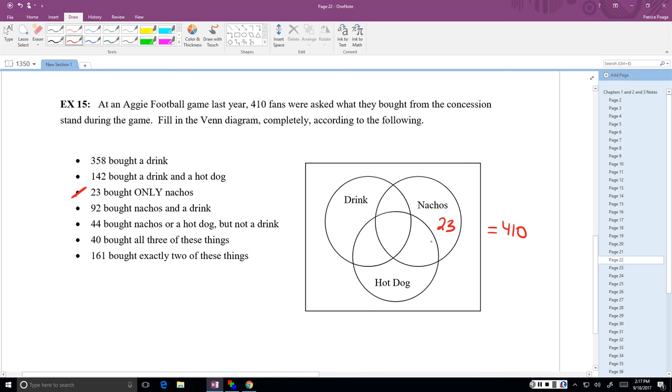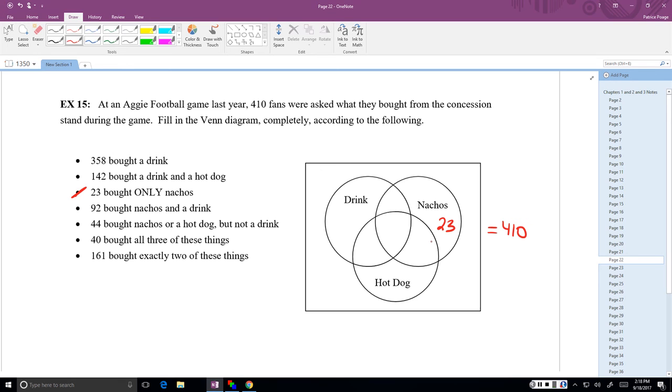On the 142 bought a drink and a hot dog, a lot of people like to put it right there, but these people also bought a drink and a hot dog. They just bought other things. So everyone in the drink circle that overlaps with the hot dog circle, they all bought a drink and a hot dog. It's just that these bought other things and these did not. Y'all with me?